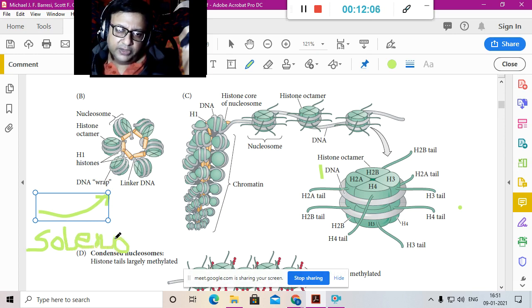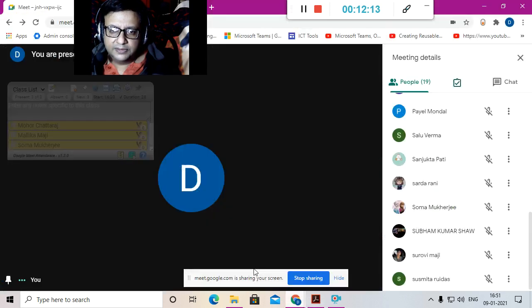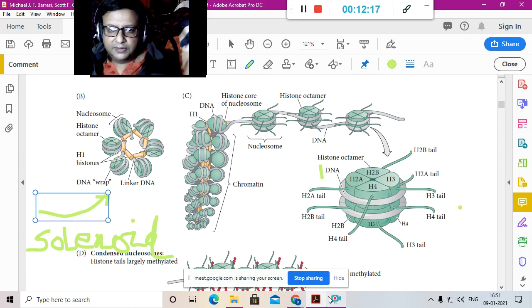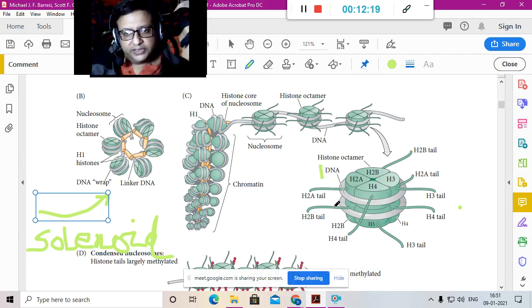This is a solenoid structure, and this solenoid structure is organized like this.